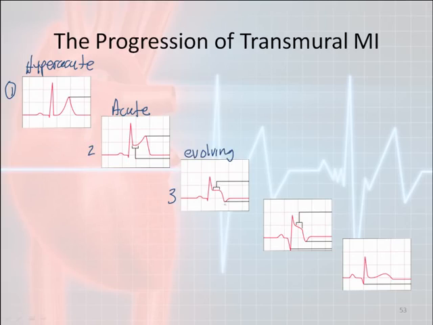Now it is becoming an MI or an infarction. This is the 4th phase. Because you have your pathological Q wave here, this is now fully evolved. If the person survives, then this is considered the healed phase. But notice there's always going to be a little pathological Q wave.